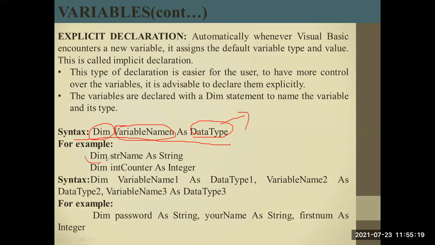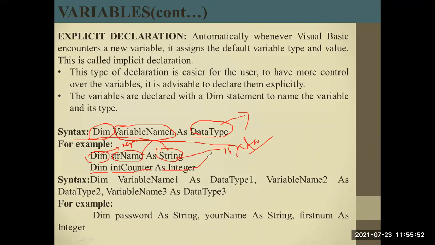For example, Dim is my keyword, strName is the name, and String is my data type. Similarly, if you want to declare an integer type, you can go for Integer.